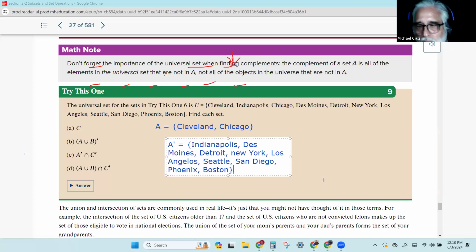Okay. So that's the way the complement works.